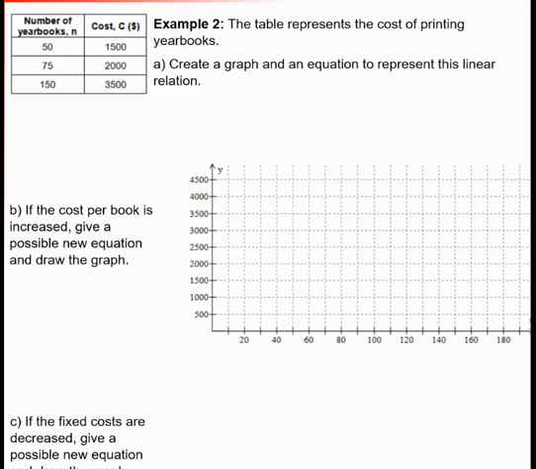All right, so we might want to have total costs and number of books along the bottom.